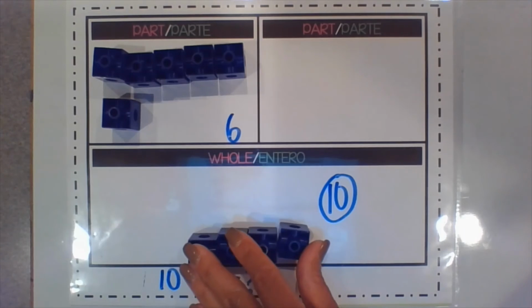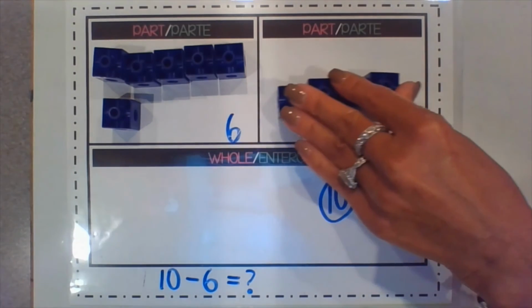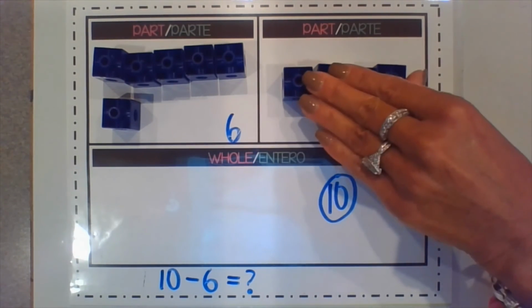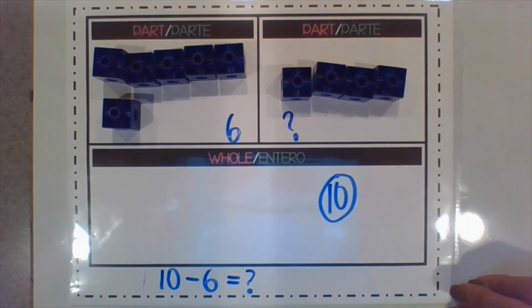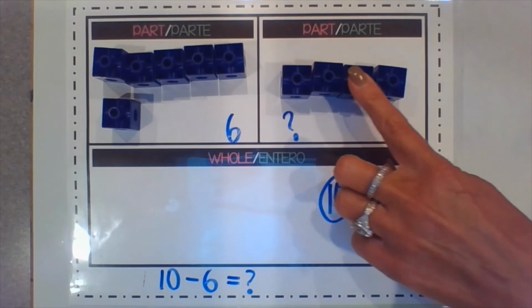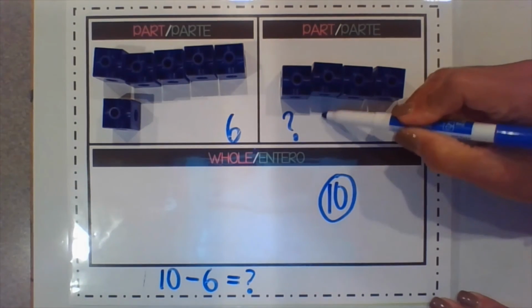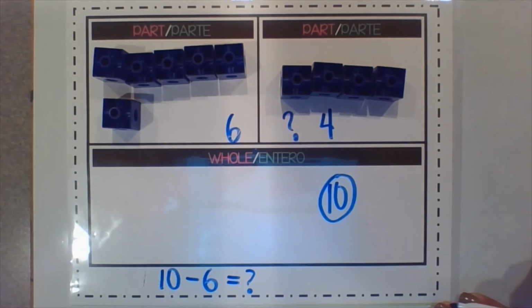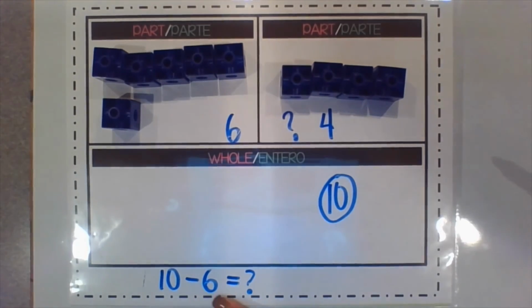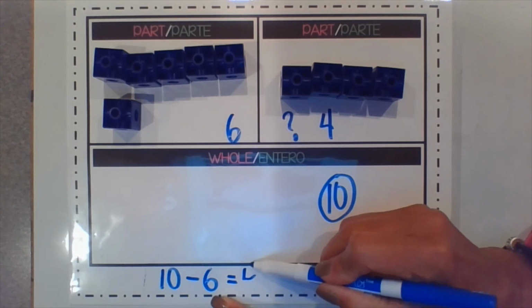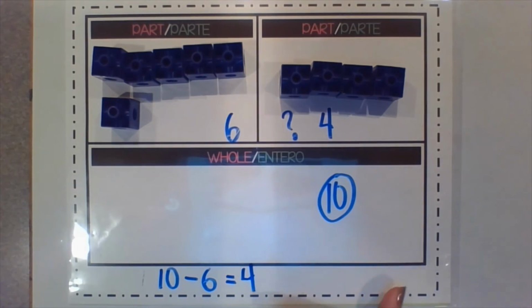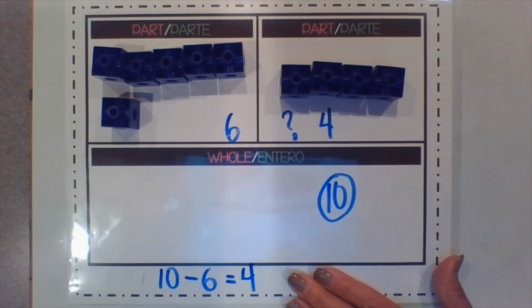Right away, I'm going to take the counters that are left and put them into the other part to find out what is the difference. 1, 2, 3, 4. Oh, the other part is 4. So 10 take away 6 is the same as 4. Jaden and Myra had 4 snowballs left in their bucket.